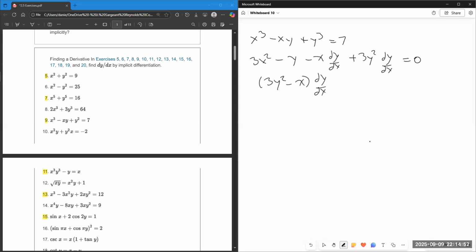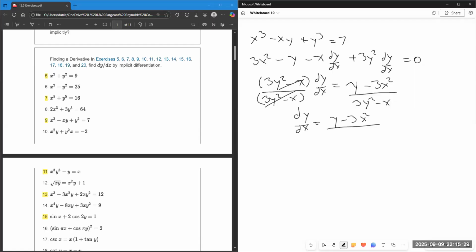These terms that don't have dy dx are going to be subtracted over to the other side. So I'm changing my sign to the opposite when I carry it across the equal sign. This becomes adding y to both sides as a positive y. Subtracting 3x squared from both sides gives me a negative 3x squared. I'm going to divide by this coefficient of 3y squared minus x. dy dx is y minus 3x squared over 3y squared minus x.